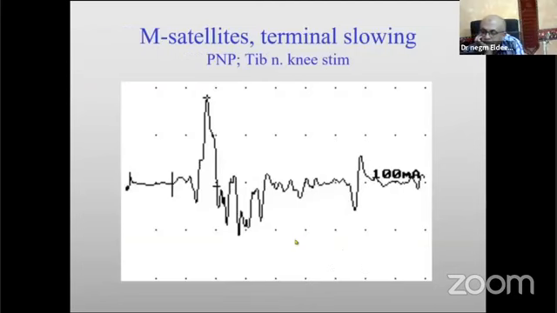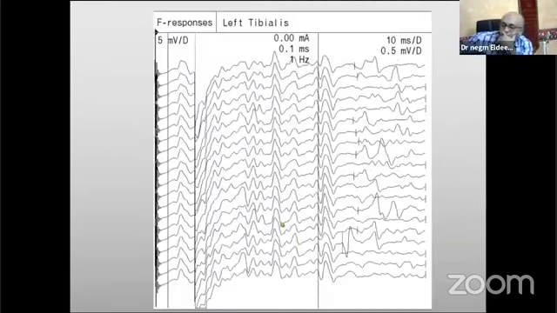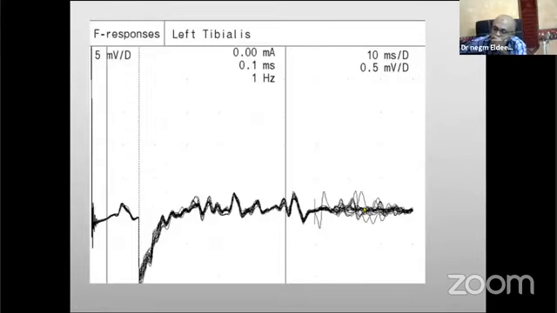Here is another situation where you have a patient with CIDP and you see a fantastic amount of stable components. When we superimpose, we see the stable components here and the unstable F responses out here. So what are these? Are these multiple A waves or is it something else?